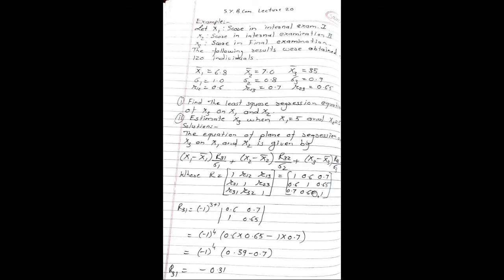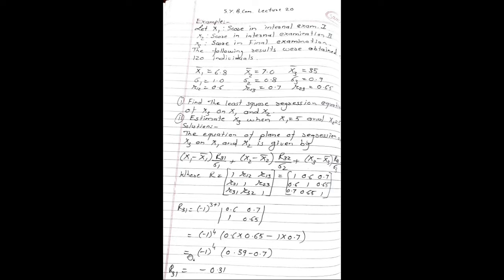Now hide third row and first column. The things which are remaining are 0.6, 1, 0.7 and 0.65. So let us calculate this value. Minus 1 raised to 4, 0.6 into 0.65 minus 1 into 0.7.